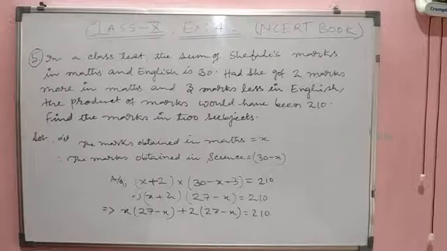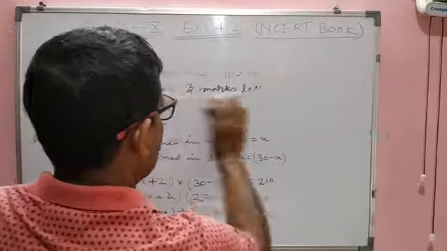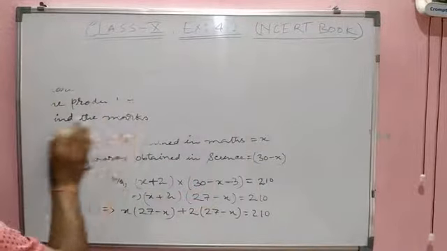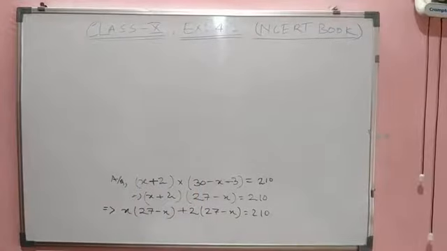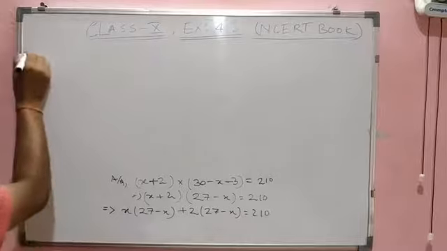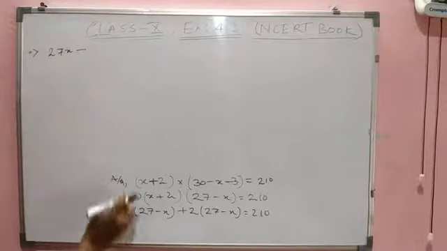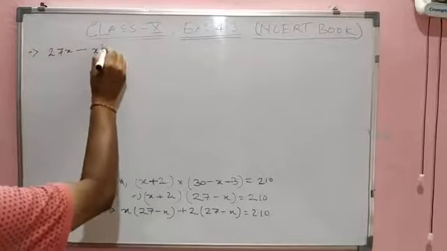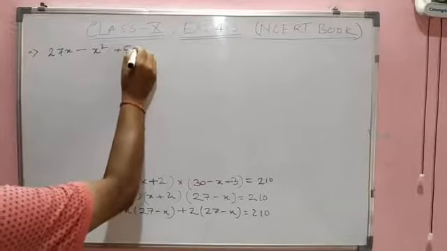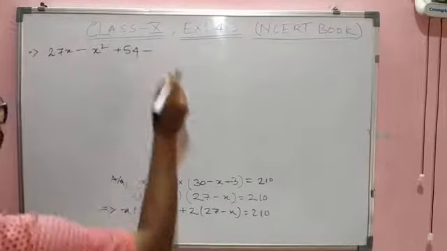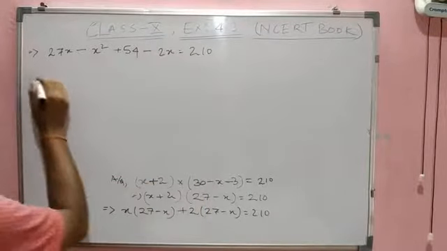So on more calculation, if we calculate, then we get 27x minus x into x square, then plus 54 minus 2x equal to 210.